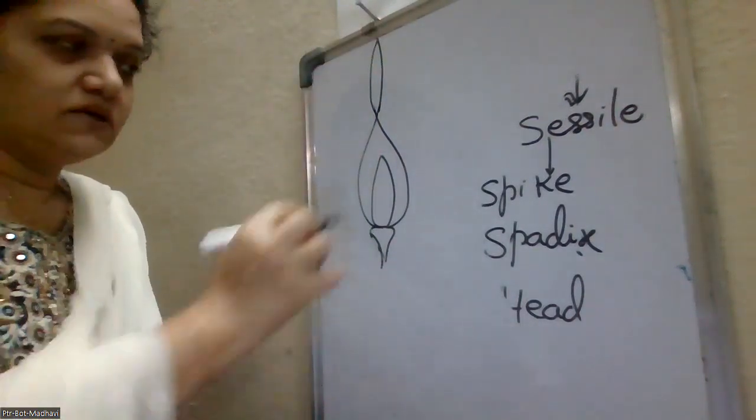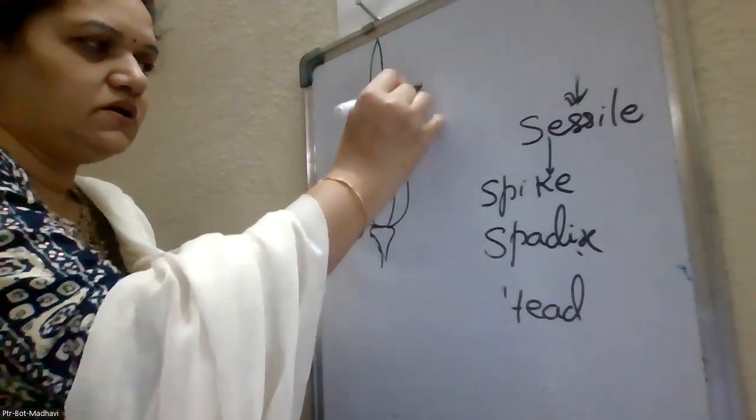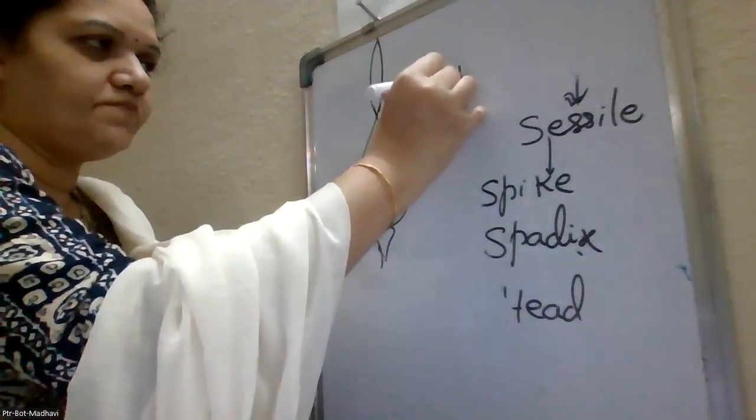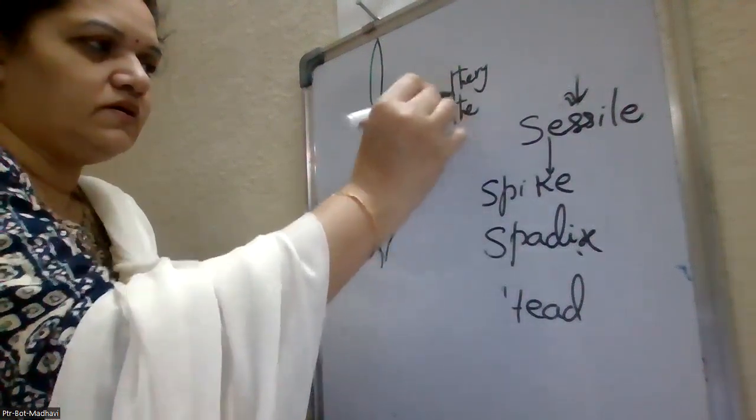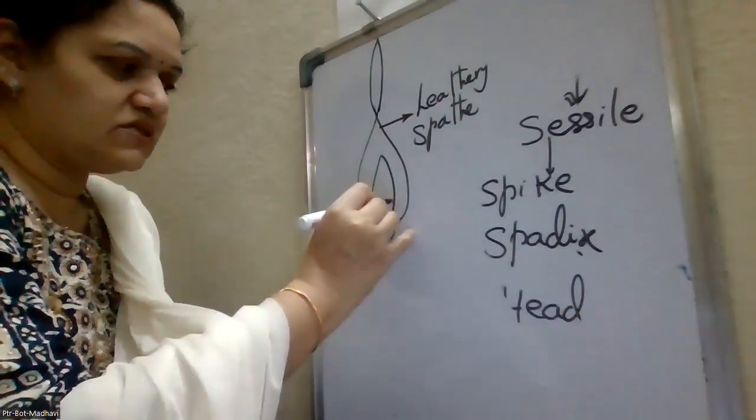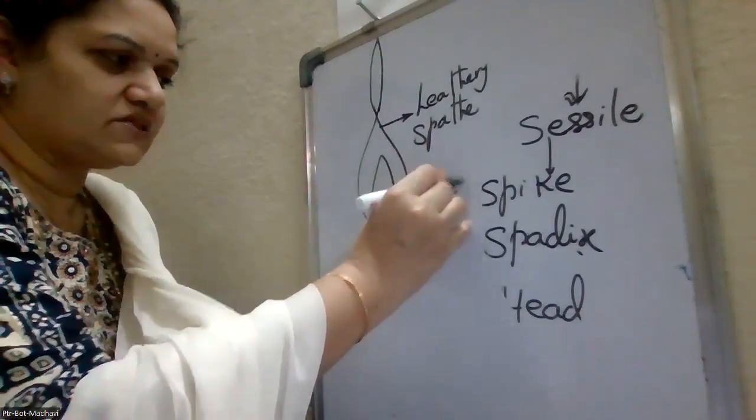Like this. This is the leathery spathe. Okay, this is the inflorescence axis.